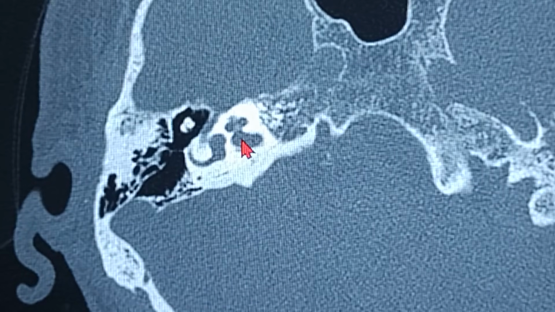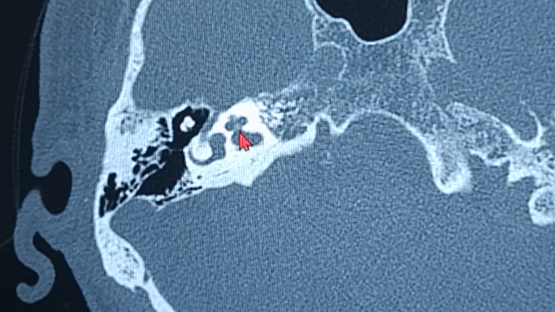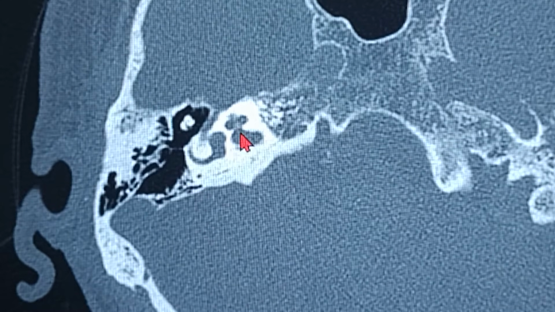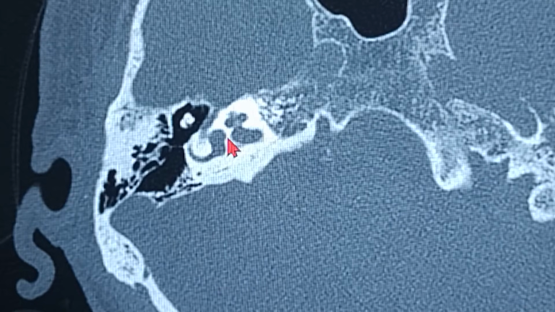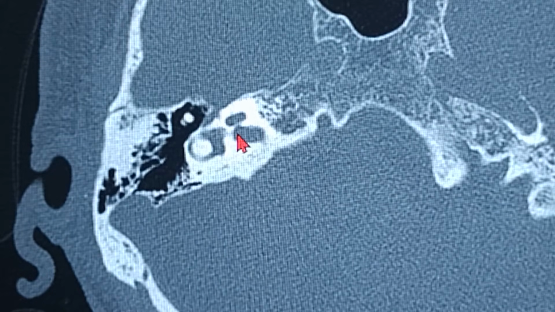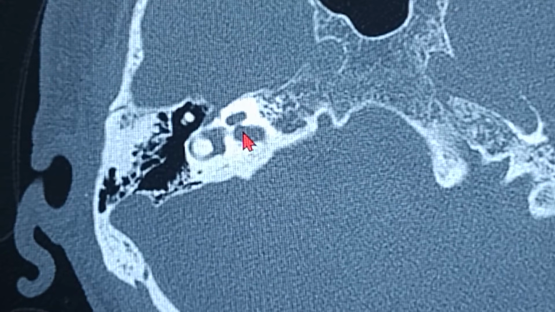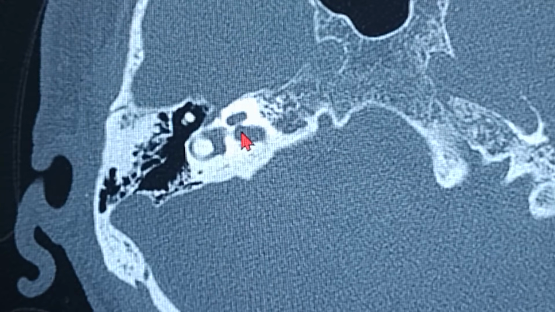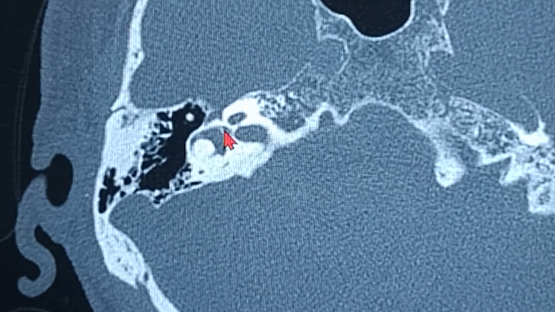So I'm going to follow the cochlear nerve. The cochlear nerve basically exits from this cochlear aperture. And you can see at some point a connection between this area and the vestibule, between the internal acoustic canal and the vestibule. You can see a faint grayish communication over here.